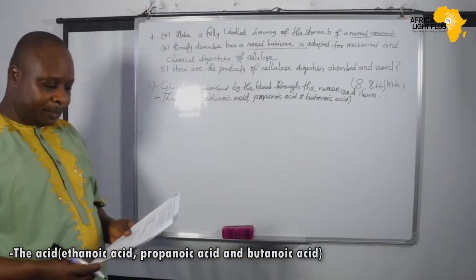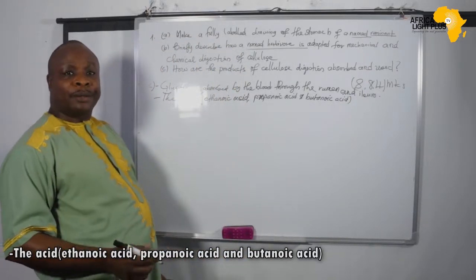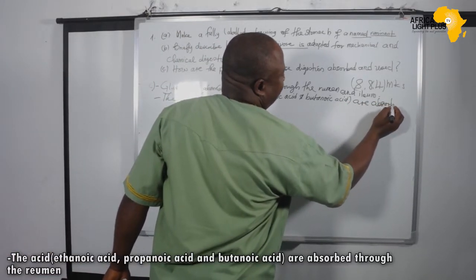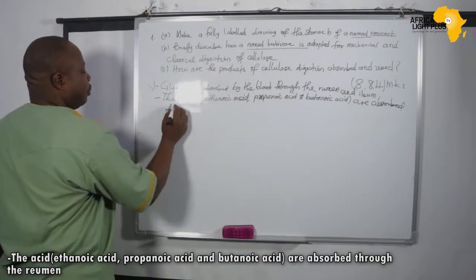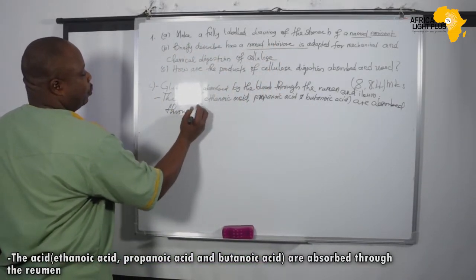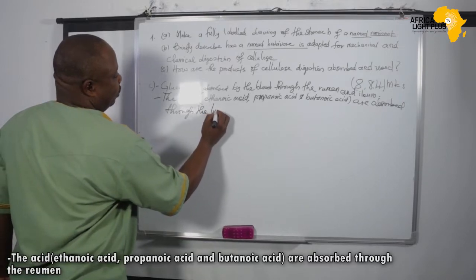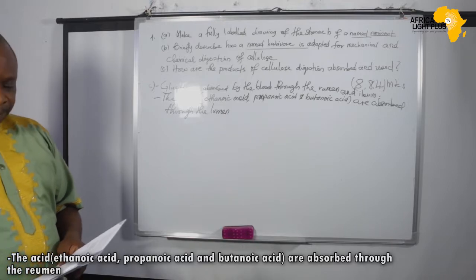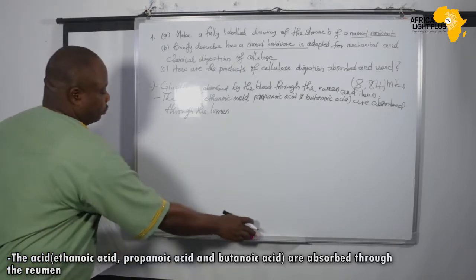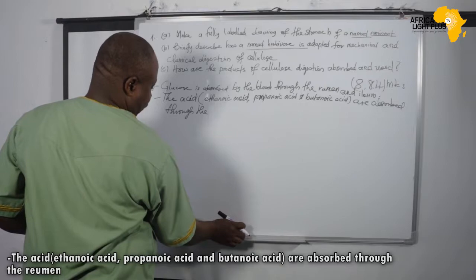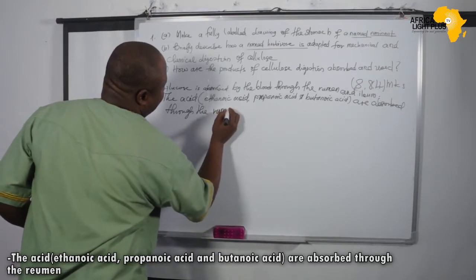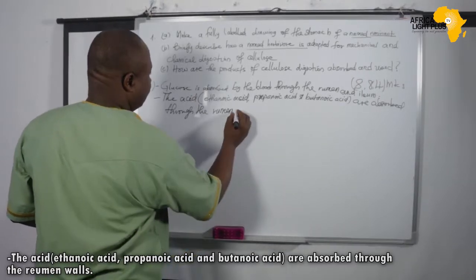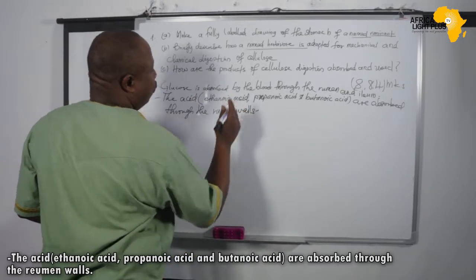All of these acids are absorbed through the rumen walls.